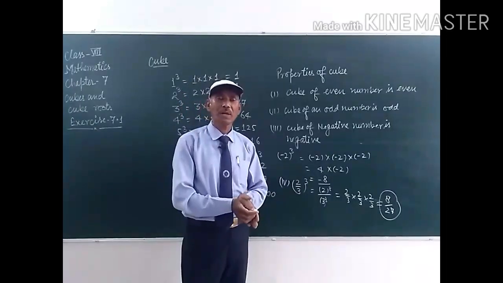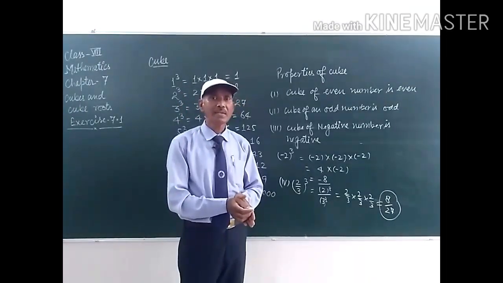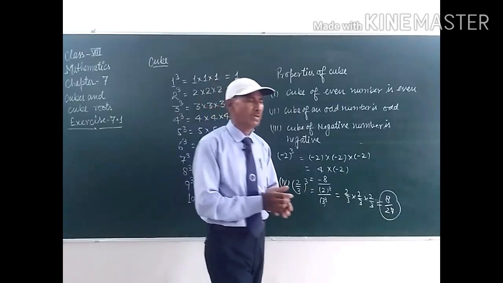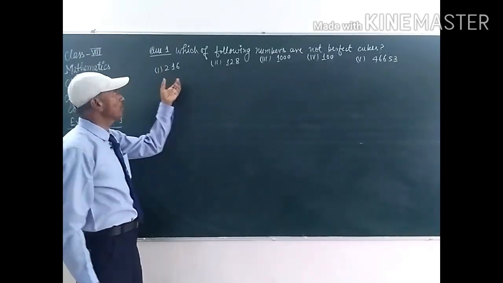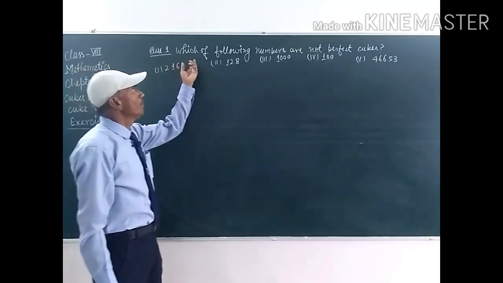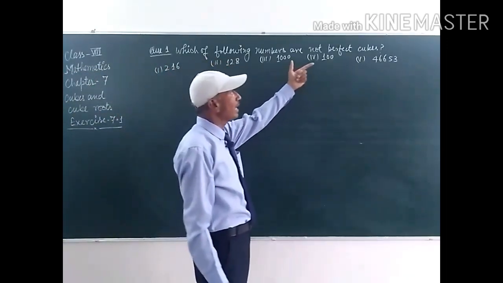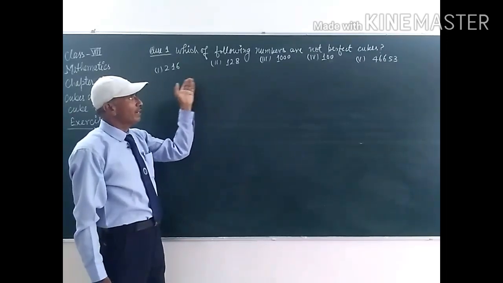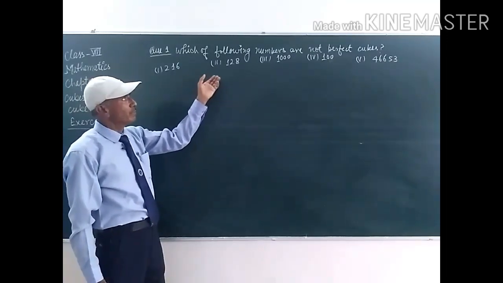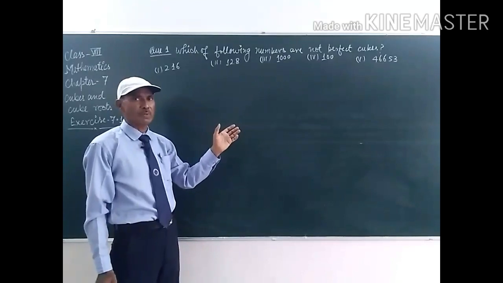Now, we have to solve the questions from exercise 7.1, student. This is question number 1 of exercise 7.1, and in this question, which of the following numbers are not perfect cubes? These are the given numbers and we have to find which numbers are not a perfect cube, student.